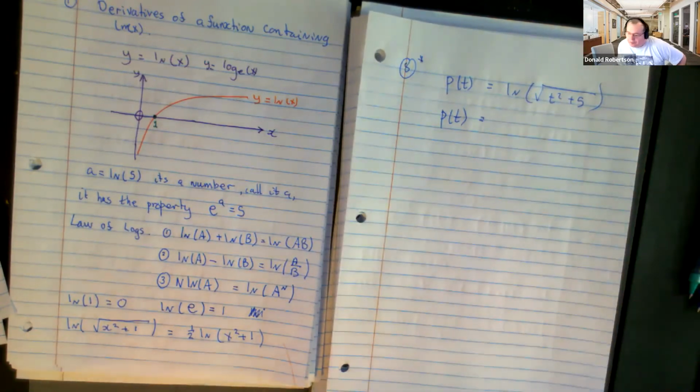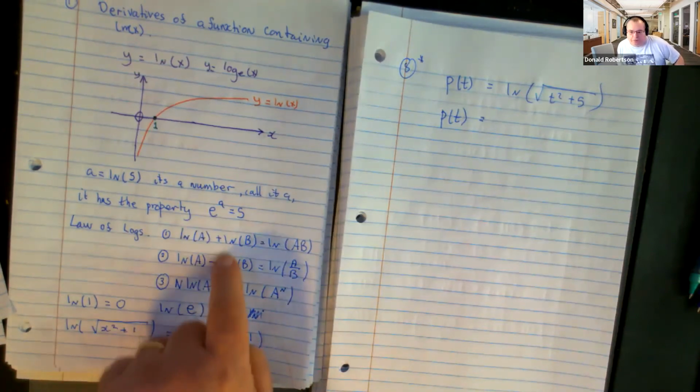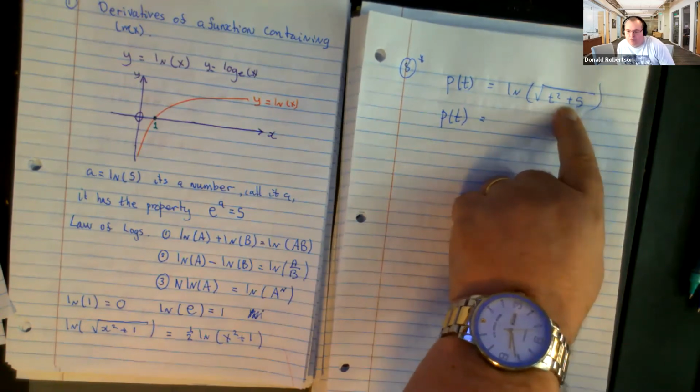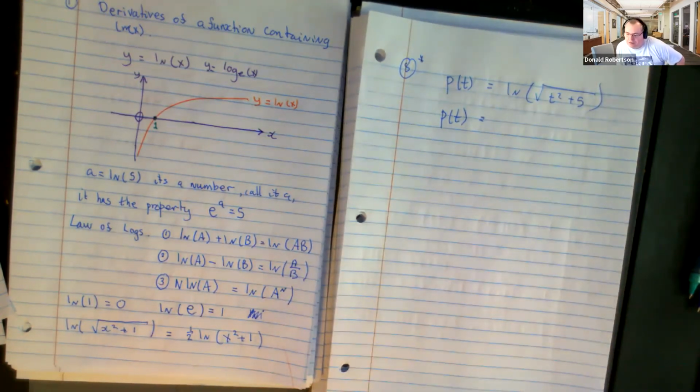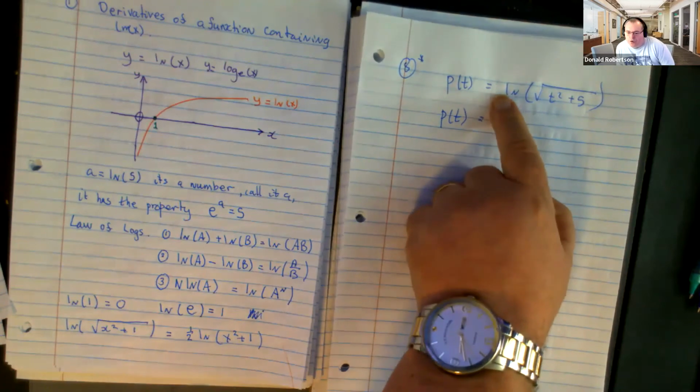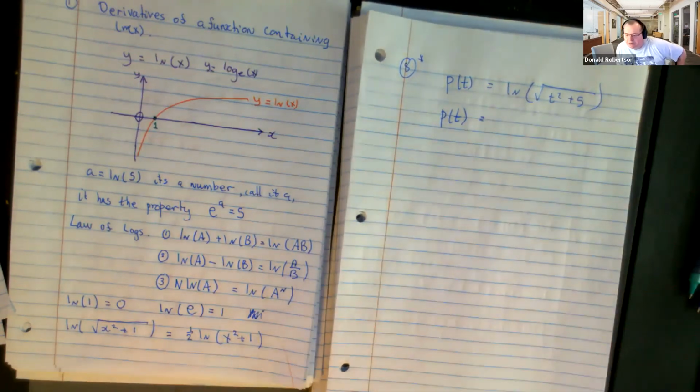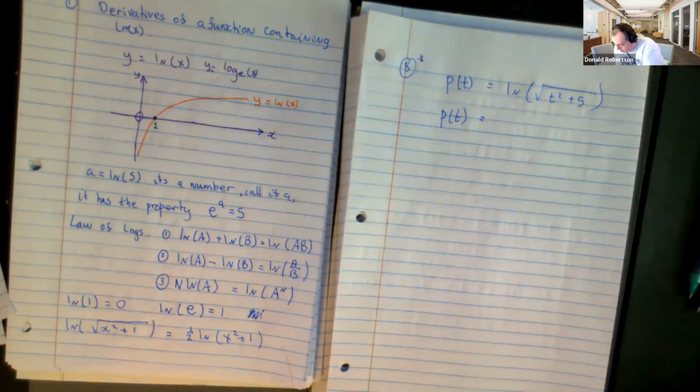Inside the chain rule, there'd be 3 of them, I think. Can anybody see, using one of these 3 rules, a different way to write that? So the log of a square root of somebody. How could you write that?